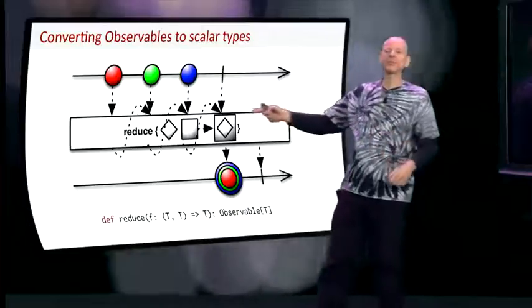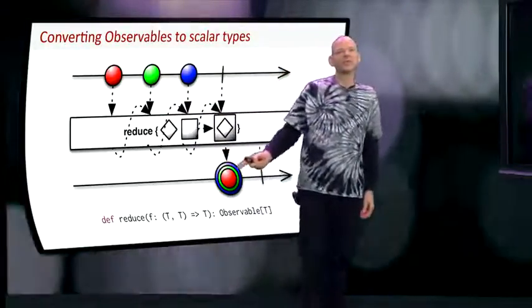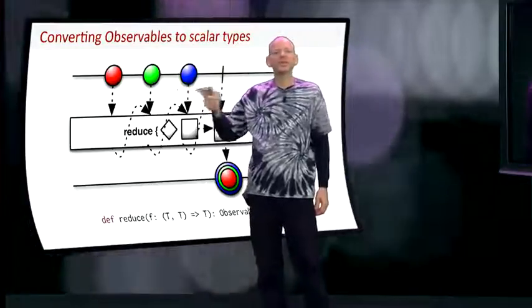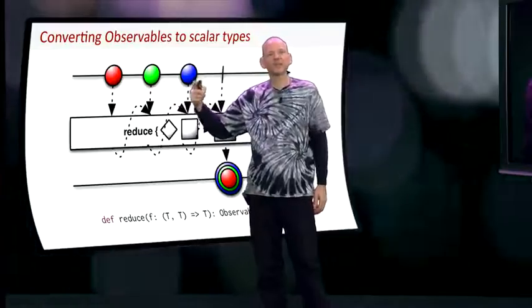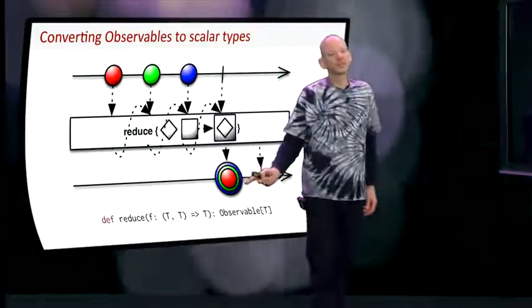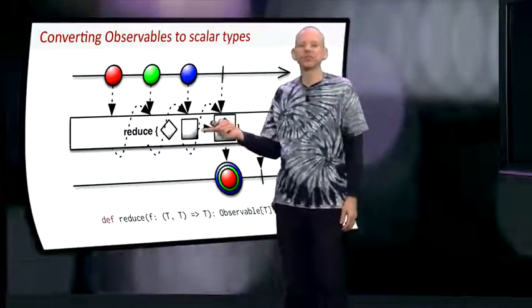So for example, if I want to reduce a stream to a single value, well, this stream might be infinite, or you have to wait for a long time until you get the resulting value. And so you usually don't use reduce a lot.